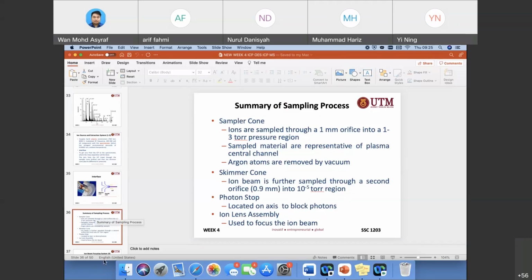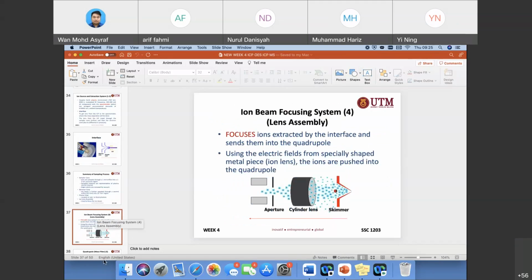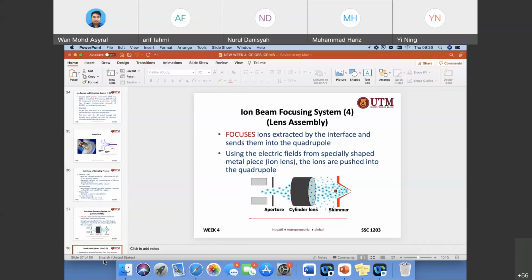All right. And then we'll be moving on to the ion beam focusing system, which is the lens assembly. It focuses the ions from your skimmer onto the quadrupole after this.